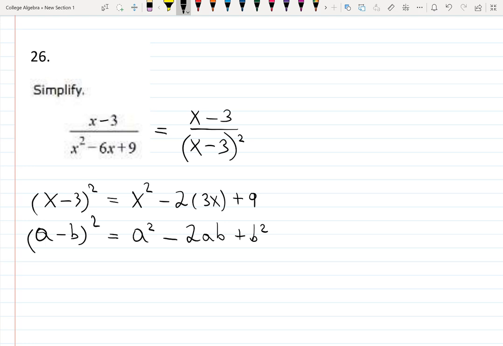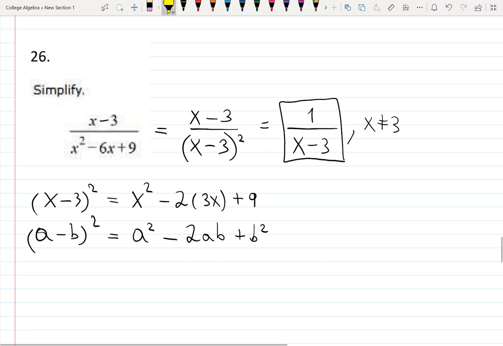That is x squared minus 6x plus 9. That means the simplified form will be 1 over x minus 3 if x is not 3. Remember, you can only simplify like this if you don't divide by 0. So you cannot cancel out x minus 3 and x minus 3 if x is 3.